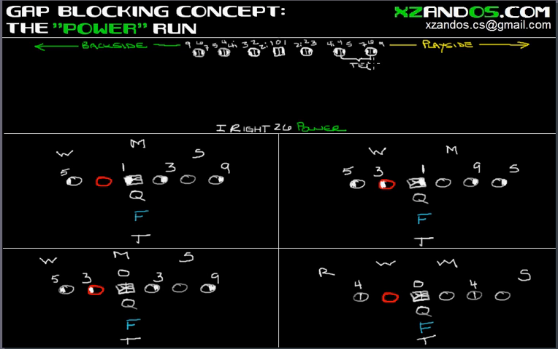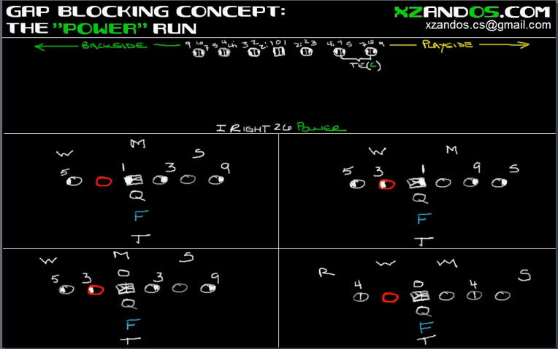Again, I'm going to color code. It is a backside gap for the tight end. It is behind him. It is to the left. So this tight end, the C gap, A, B, C, is to the left, which means anything to the left is backside. Therefore, that is his gap blocking rule for power.